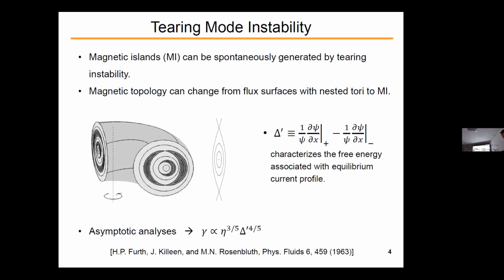Based on this classic paper on tearing mode, very elaborate asymptotic analysis by Rosenbluth shows us that the linear growth rate is proportional to a fractional power of resistivity and almost linearly proportional to delta prime. So if we have a very large positive delta prime, we can have a strong classical tearing instability.